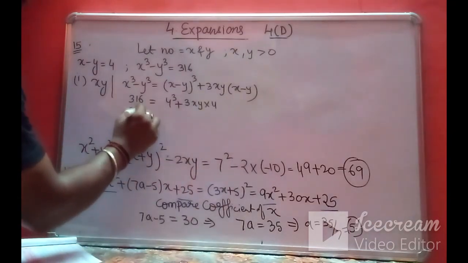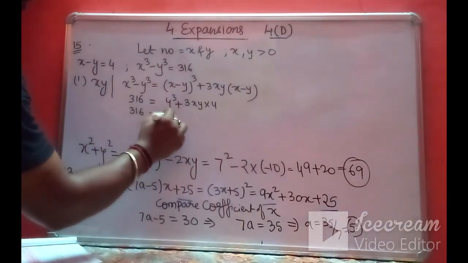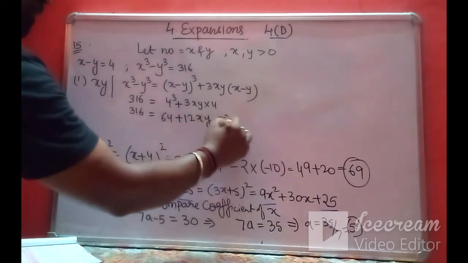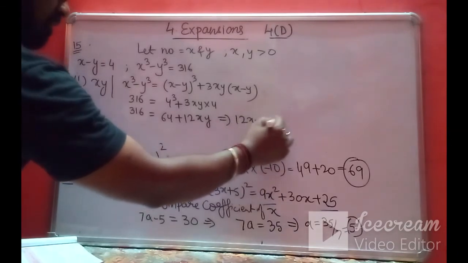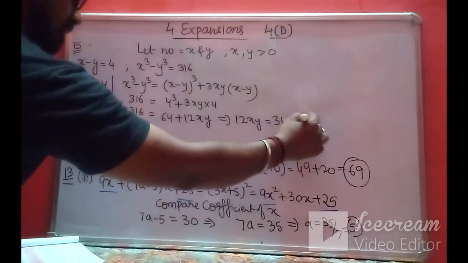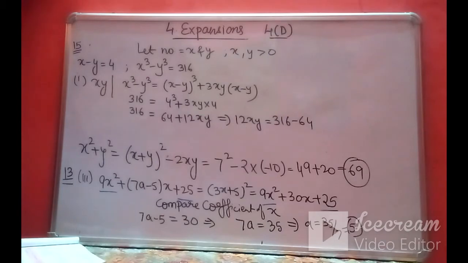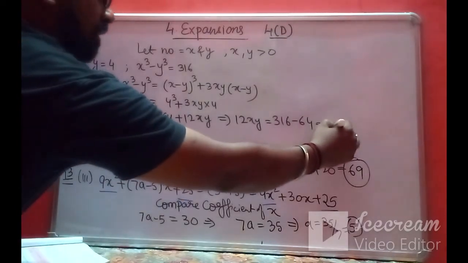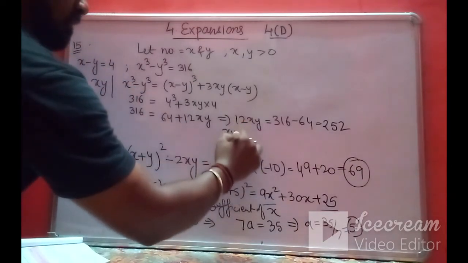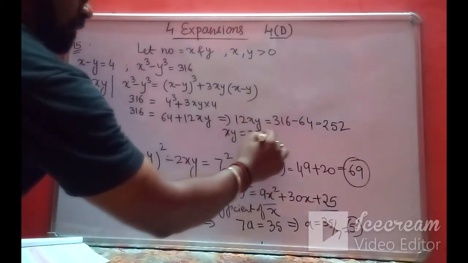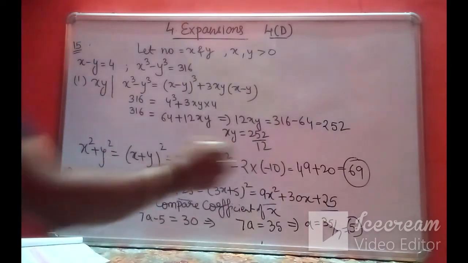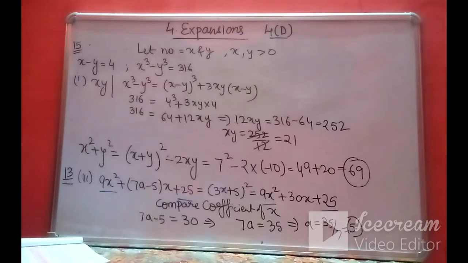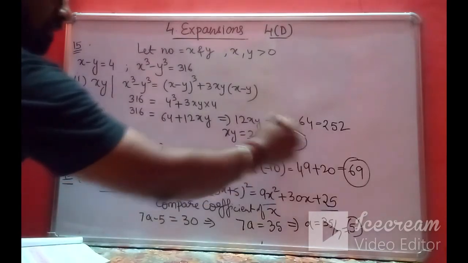So it is 316 equal to 64 plus 12xy. So 12xy is 316 minus 64, that is 252. So xy you will get 252 upon 12, that is 21. So this is our first answer, that is 21.